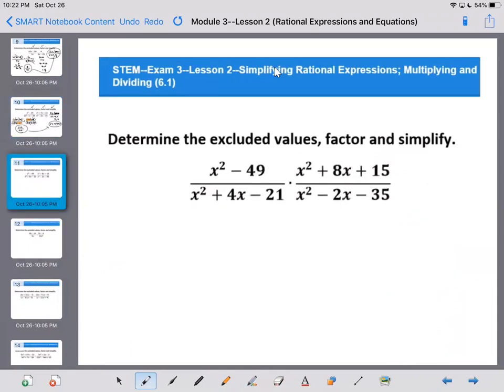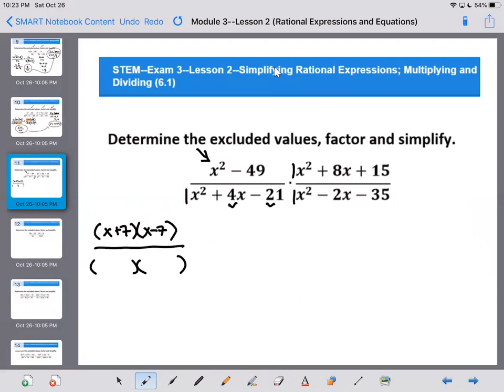Here we see we've got a difference of squares here. A is 1, A is 1, A is 1. So here this is going to be x plus 7, x minus 7. And then this denominator here, you're looking for factors that multiply to give you negative 21 and add to give you 4.